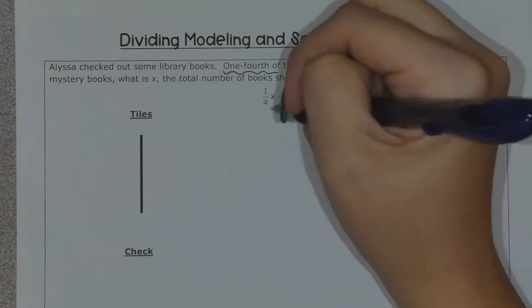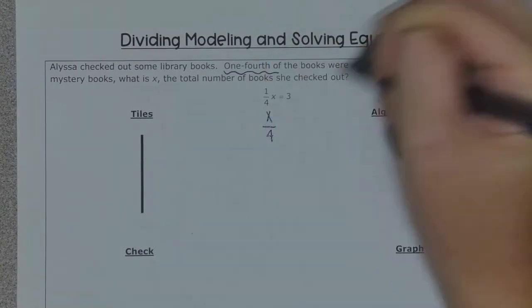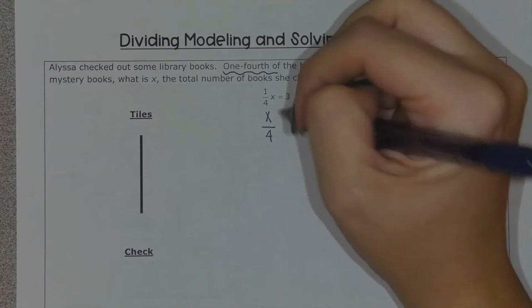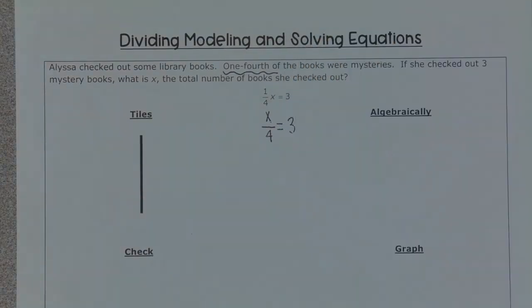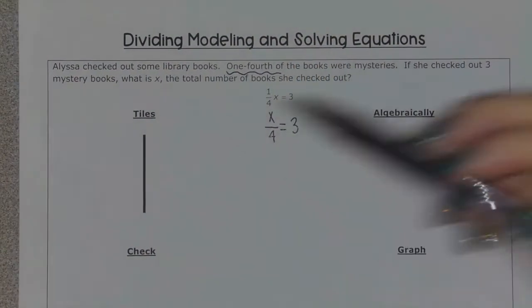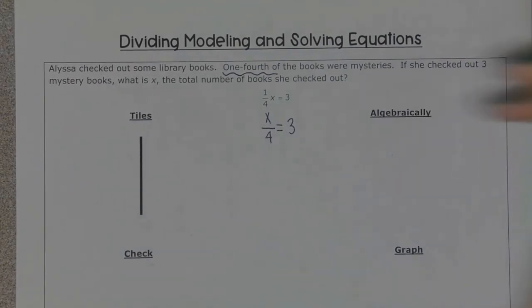So instead of multiplying by 1/4, I can rewrite this problem as x divided by 4, because remember that fraction bar means division, equals 3. I'm going to use this version because it helps with my tiles a little bit better. So I'm still going to use my same tiles.